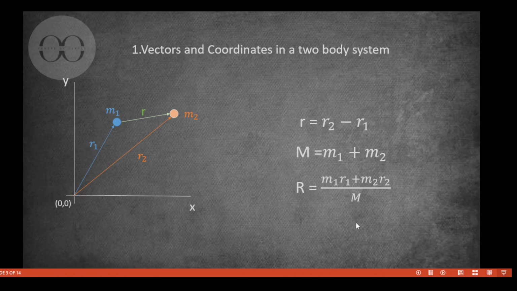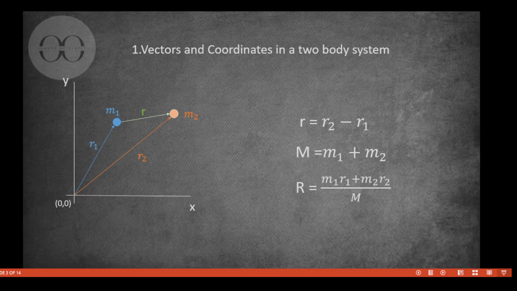Here we can see another equation, capital R, which equals m1 r1 plus m2 r2 divided by capital M. Here capital R is the position vector of the center of mass, which is not drawn in this figure, but we will be talking about this.